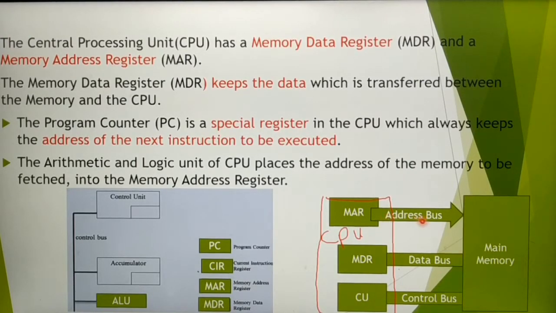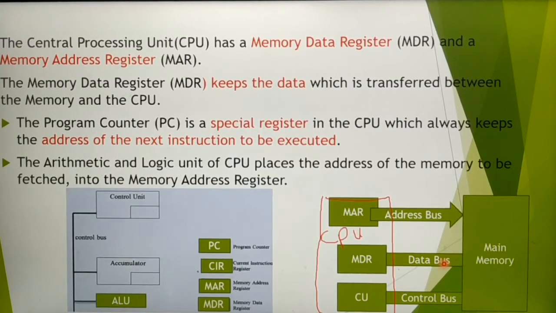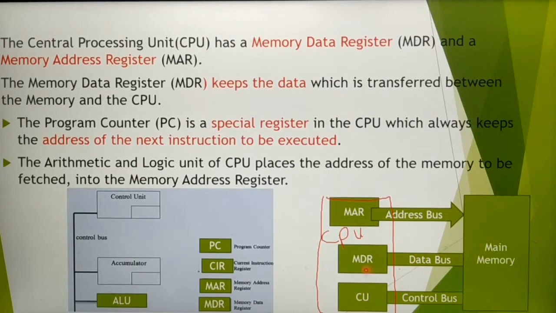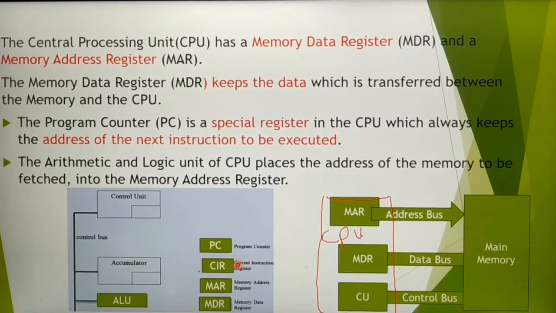So if the address is fetched with data from the main memory, the data will be put into the data bus. The data bus transfers the data from main memory to the memory data register. So the memory data register contains the data which is transferred from main memory to the processor. Then the current instruction register contains the current executing information.